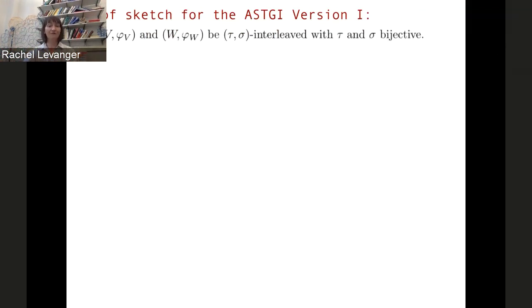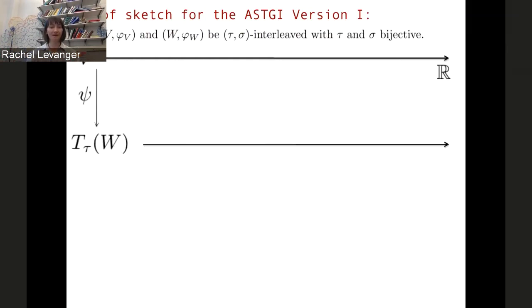So how does the proof go through then? Let's say we have these two interleaved persistence modules, and to stay in the simple case, let's say that the translation maps are bijective. So we take one of these interleaving morphisms, it goes from V to the shifted persistence module W straight down.